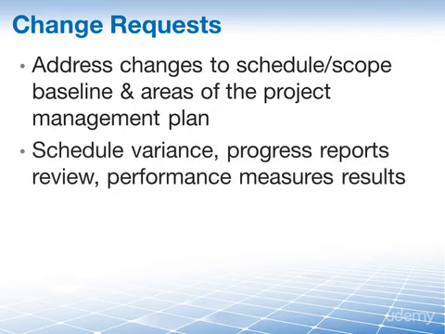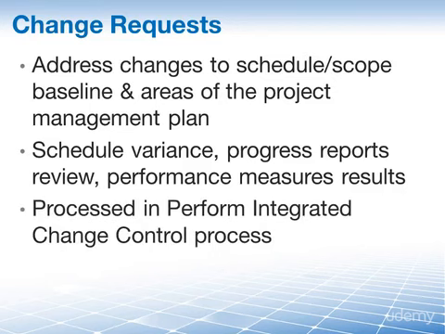These changes can come about due to schedule variance analysis, progress report reviews, as well as results of performance measures. Remember, all change requests must be processed through the Perform Integrated Change Control process, and they include preventive and corrective actions.